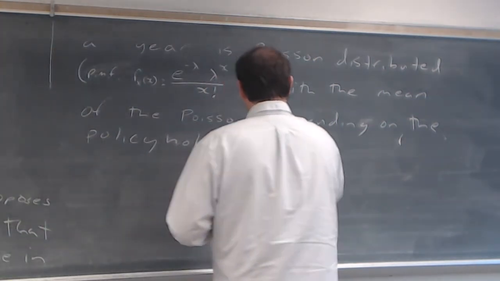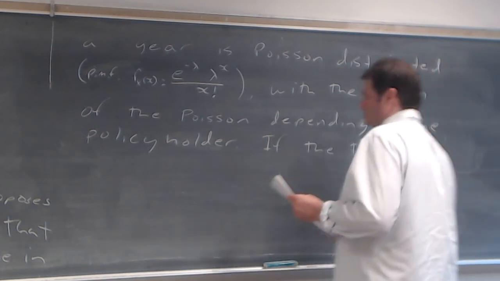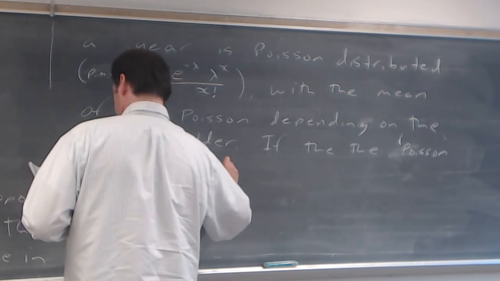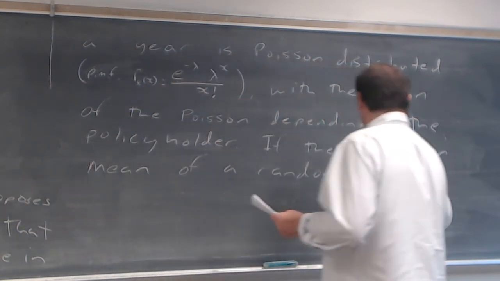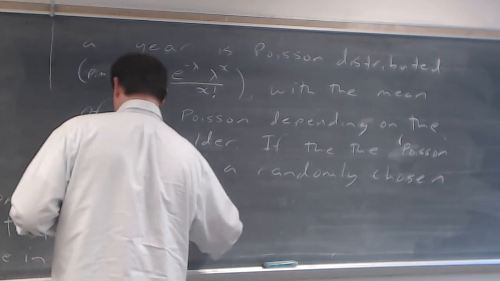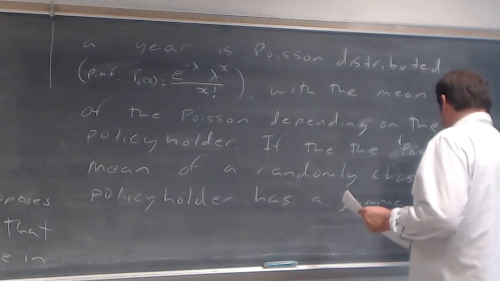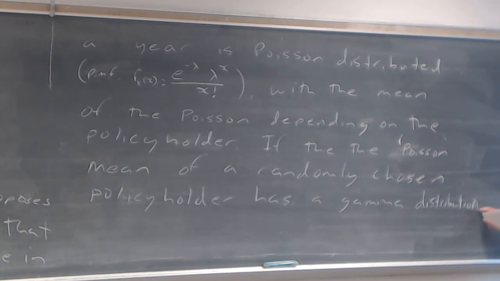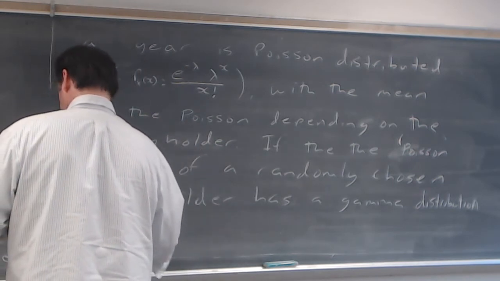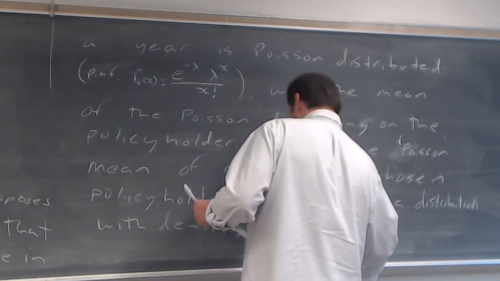And then it goes on to say that if the Poisson mean of a randomly chosen policyholder has a gamma distribution with density function, we're going to call it g of lambda.